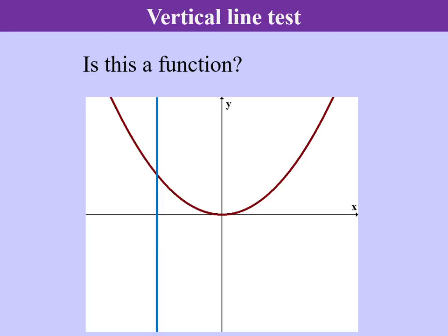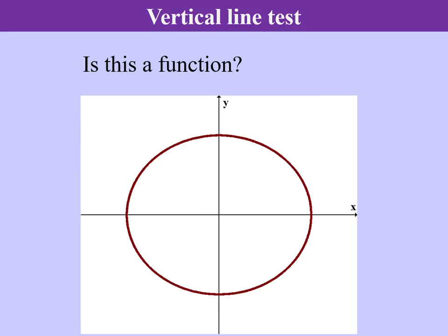Here is a vertical line representing a number on the x-axis. The answer it gives, which is the y value where it intersects the graph, has to be unique. You cannot have two different answers. So wherever you put the line, it has to give just one answer. In other words, it has to cross the graph in one spot. That's a function.